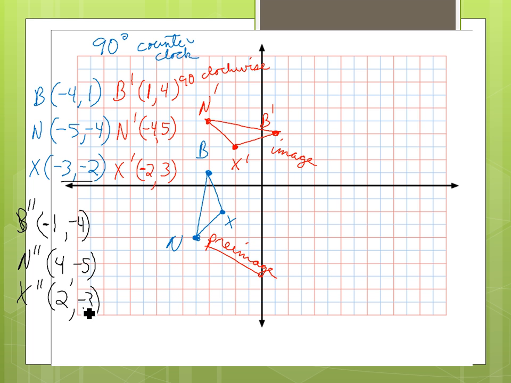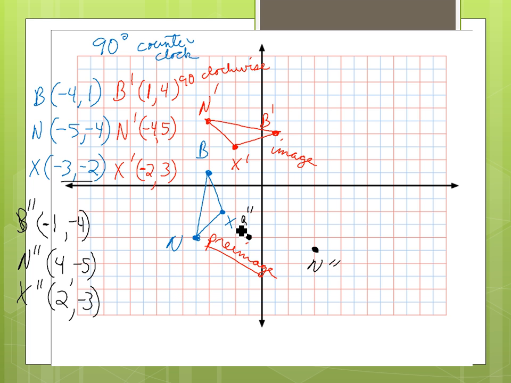Maybe it'll look a little better. -1, -4. It's going to be somewhere right there. That's B double prime. 4, -5. That's going to be N double prime. And then 2, -3.